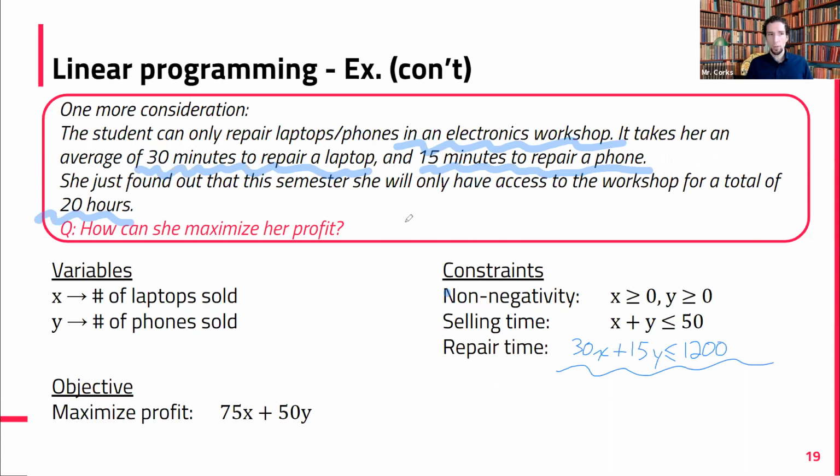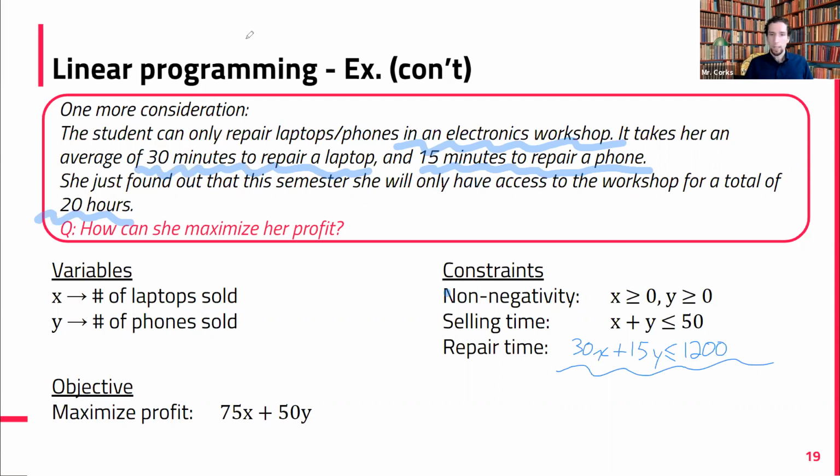She only has 20 hours of access. If it were greater than or equal, that would mean she must spend at least 20 hours. But instead we have a situation where she can spend less than 20 hours is fine, exactly 20 hours is fine, more than 20 hours is not okay.